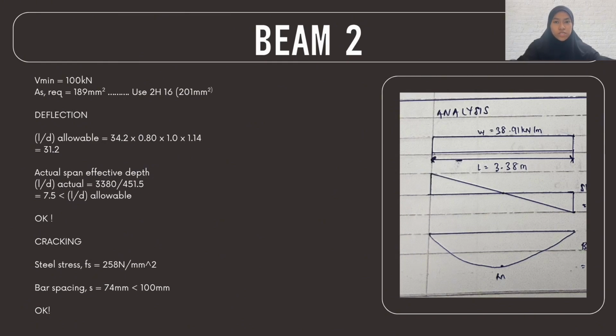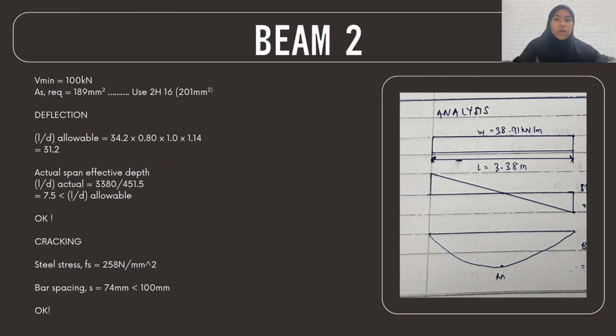which is sufficient. Next is the deflection check. The allowable span to depth ratio is 34.2 times 0.8 times 1.0 times 1.14 equals 31.2. The actual ratio is 3,380 over 451.5 equals 7.5.